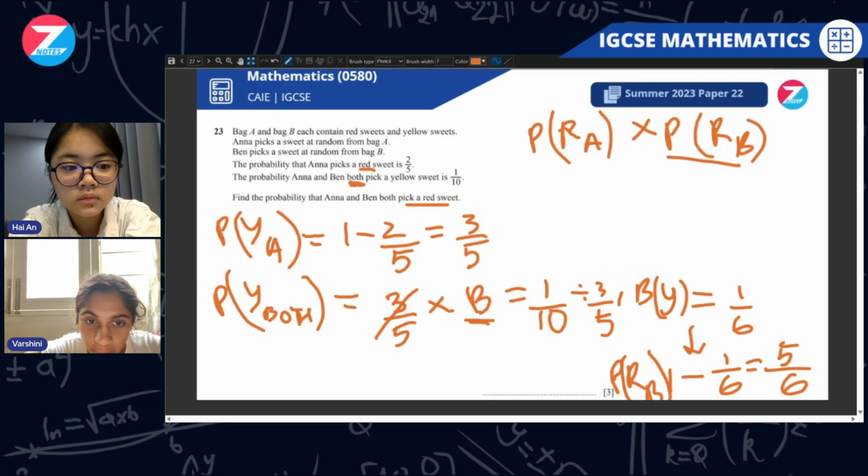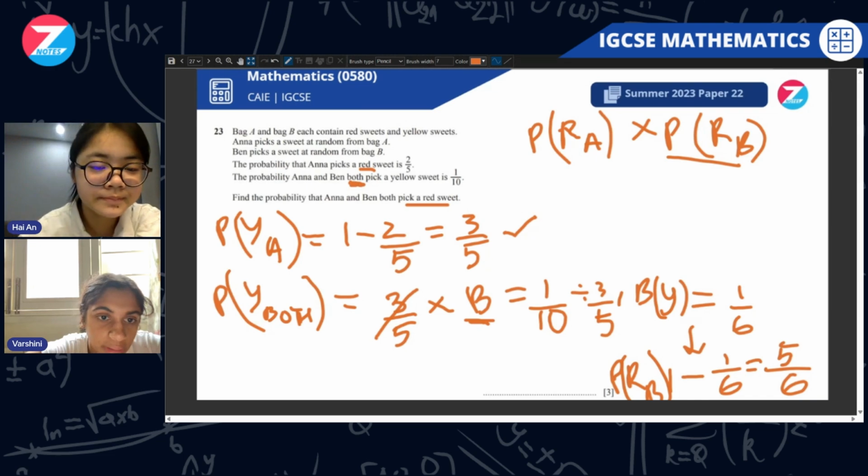And we also know that the probability that Anna picks a red sweet is 2 by 5. Sorry, we have the probability of her picking a red sweet. And now they want that they both pick a red sweet.